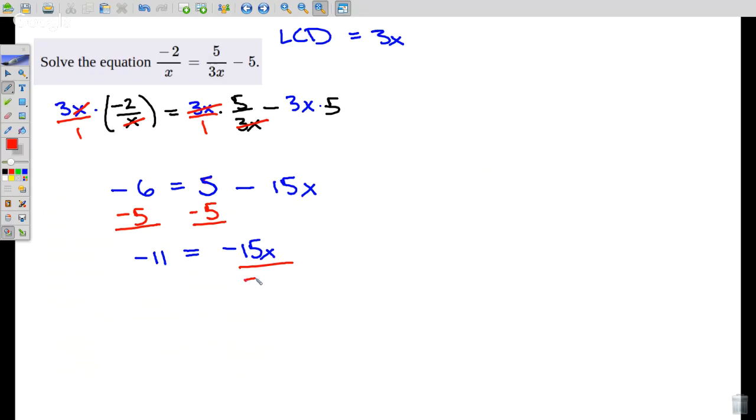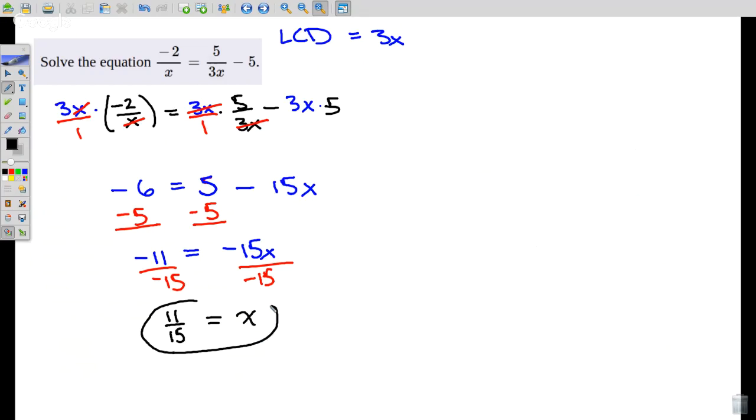Dividing by -15, get the x alone. We get number divided by itself. That's 1. 1 times x is x. And then negative divided by negative is a positive. So it looks like the answer is 11/15.